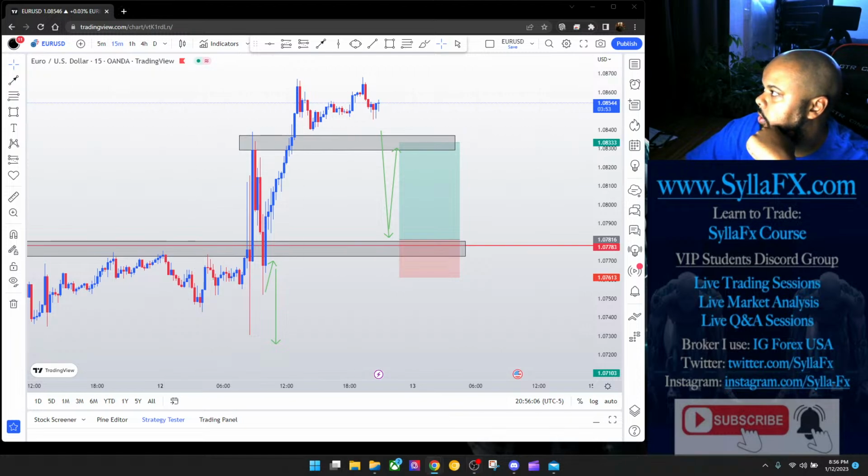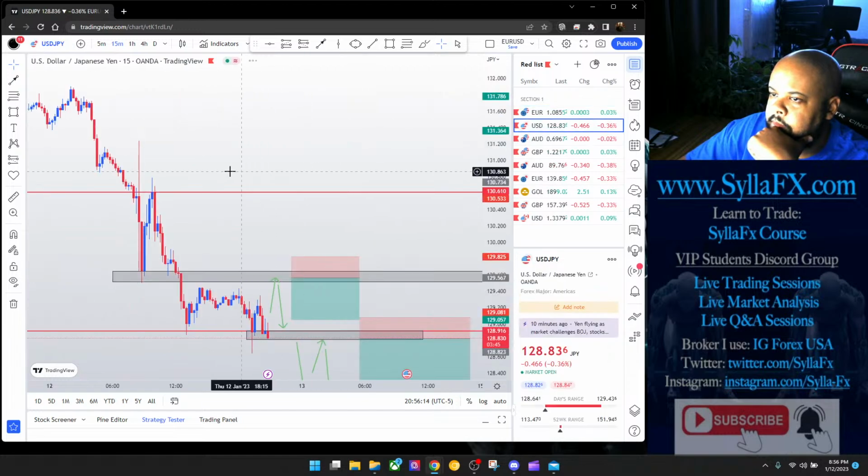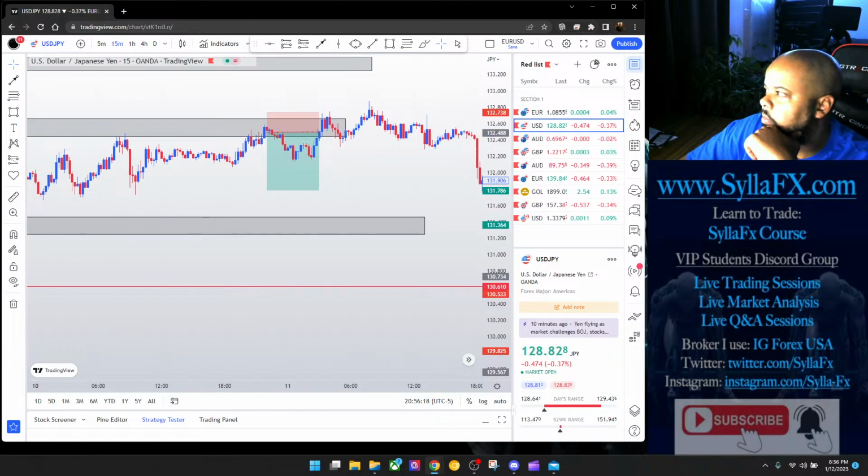So what I was initially aiming for on the dollar yen on Tuesday evening, that 50 pip move here. I got about 34 or 35 pips into it, where I moved my stop loss to break even.